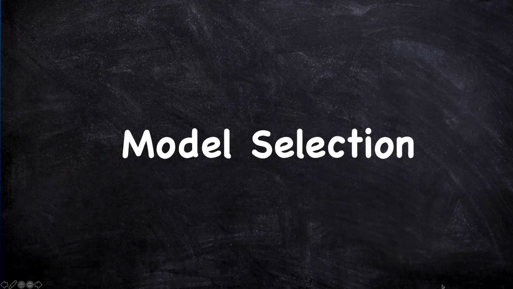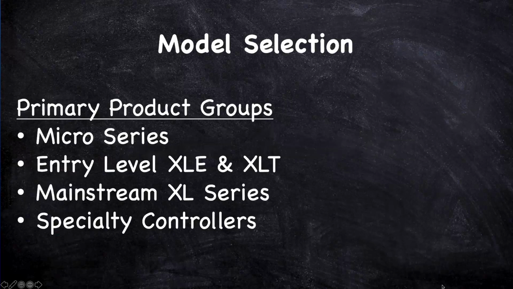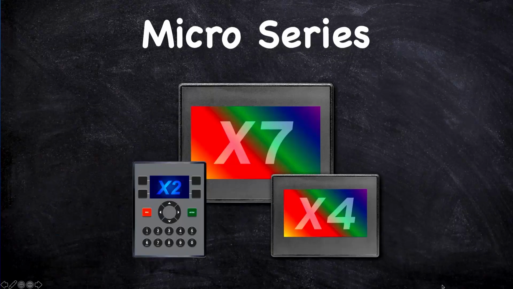This isn't intended to be an exhaustive comparison between all the different OCS all-in-one controllers, but a quick reference for you. We've got 4 primary product groups that you can see here. Let's start with the Micro Series. There's 3 models in the line currently, ranging from the 2-inch key-based model X2 up to the 4-inch and 7-inch touchscreen versions X4 and X7.